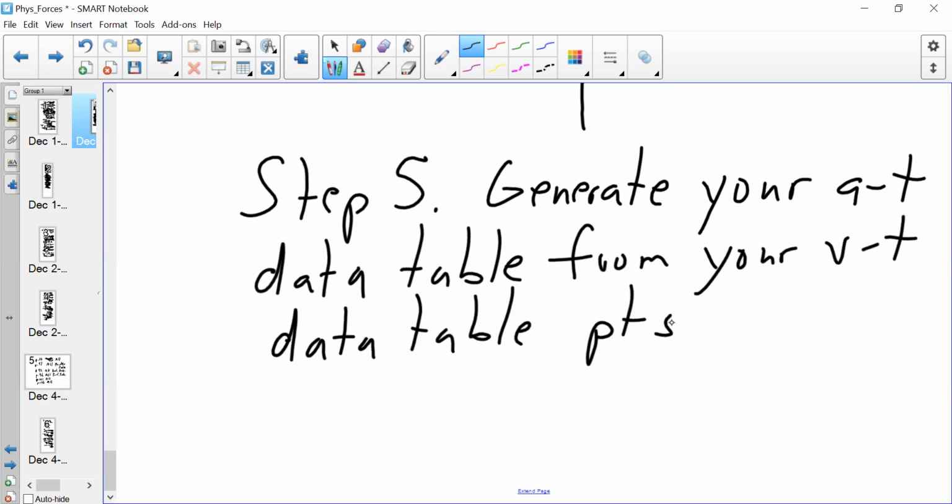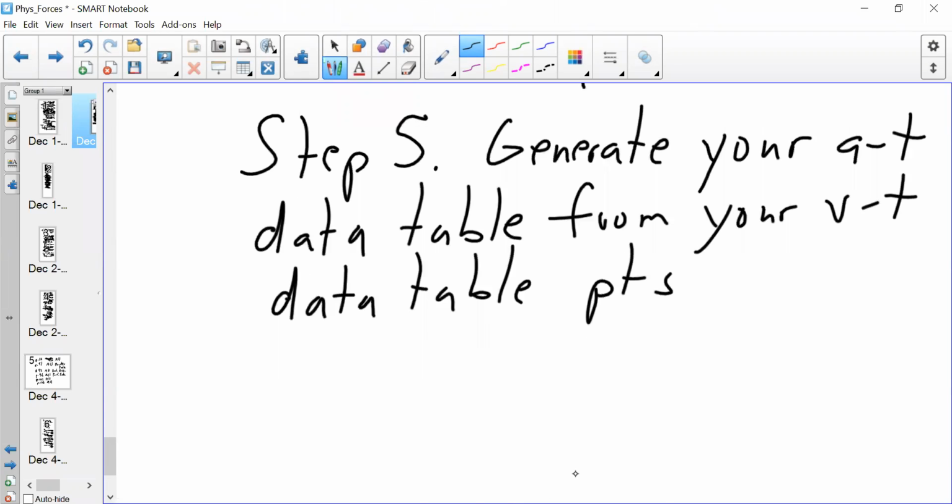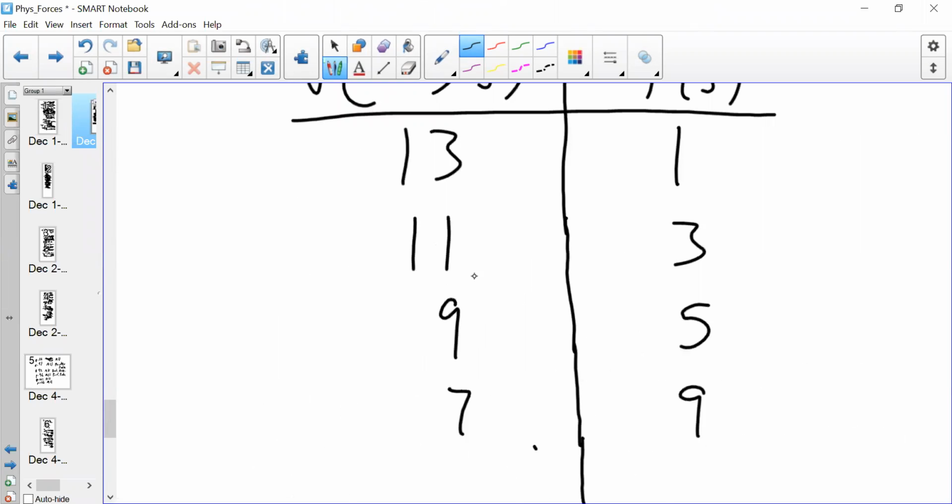In order to do that, we've got to calculate the accelerations for each pair of points for all the times. All right, just like we did for positions, we're going to take these 2 points: 11 minus 13 divided by 2, 9 minus 11 divided by 2, 7 minus 9 divided by 2, negative 2 over 2, negative 2 over 2.